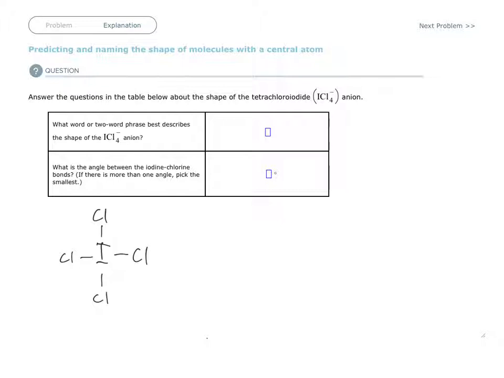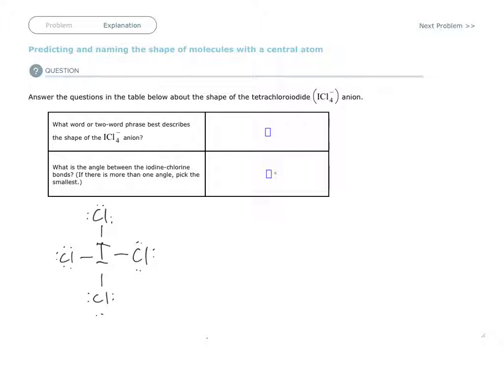That's 18 pairs. So this is 1, 2, 3, 4, 5, 6, 7, 8, 9, 10, 11, 12, 13, 14, 15, 16.